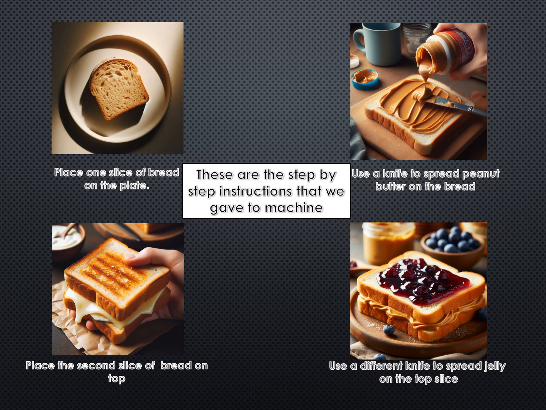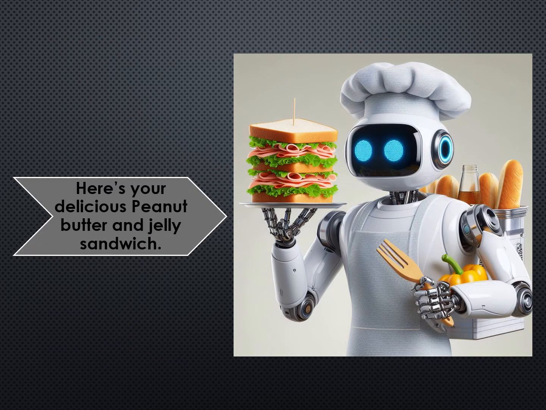Step 2 should be use a knife to spread peanut butter on the bread. Step 3 should be place the second slice of bread on top. Step 4 should be use a different knife to spread jelly on the top slice. This is called an algorithm that we instruct the robot or the machine to do. Finally, now you have a peanut butter and jelly sandwich.